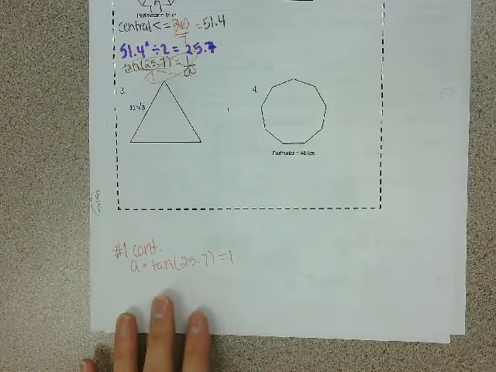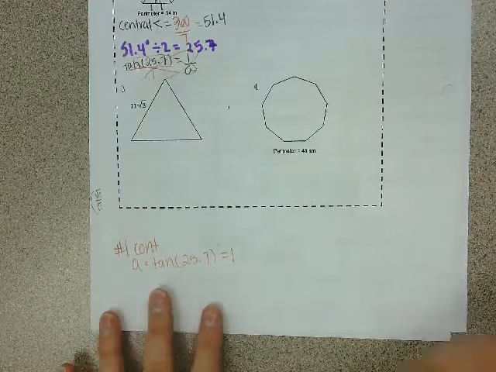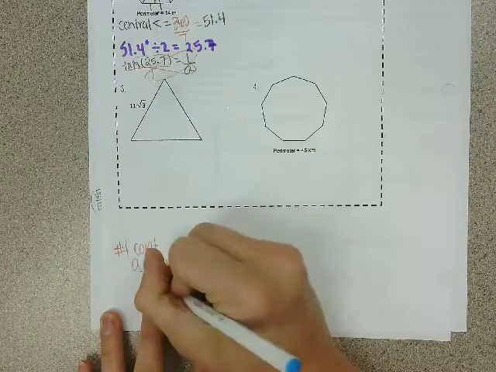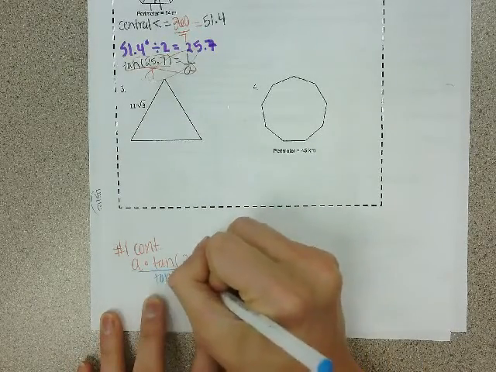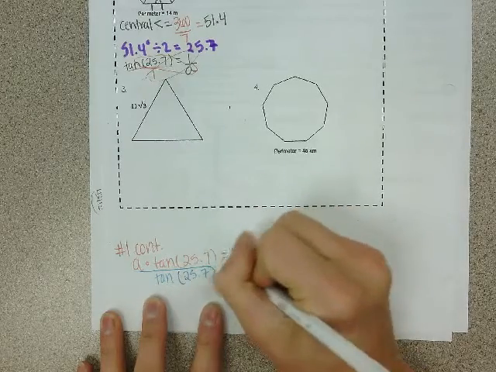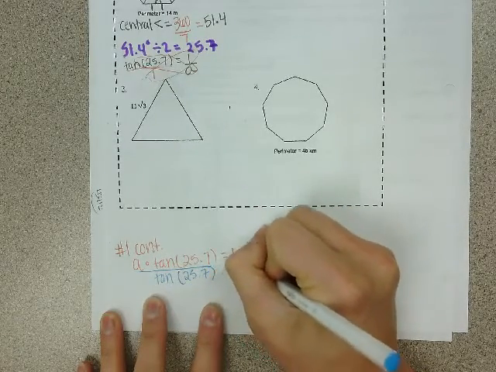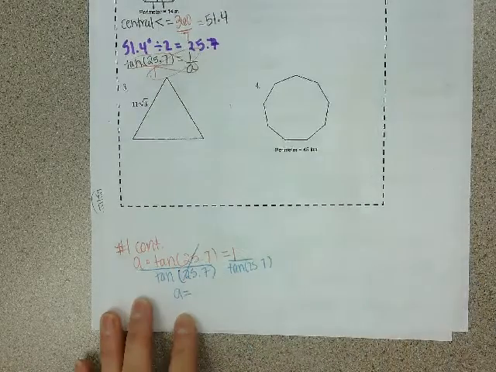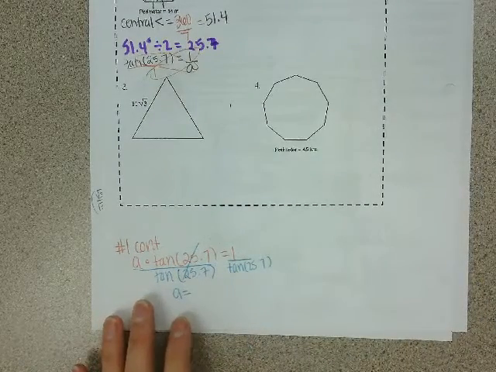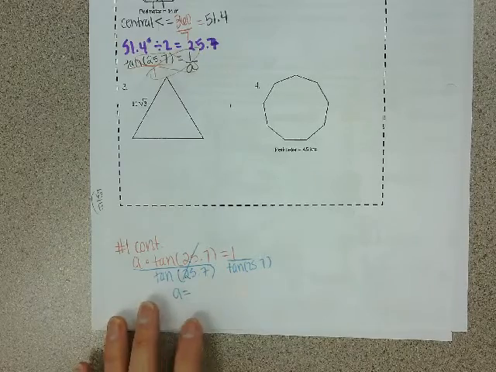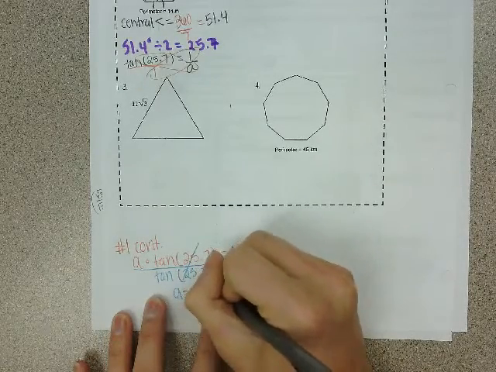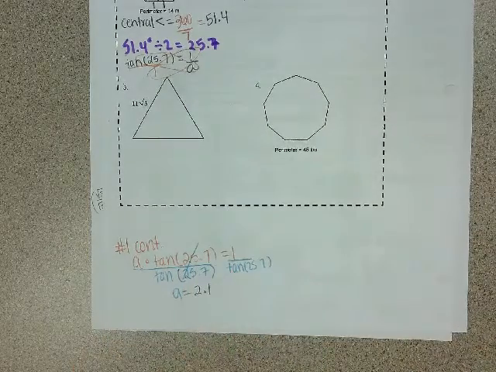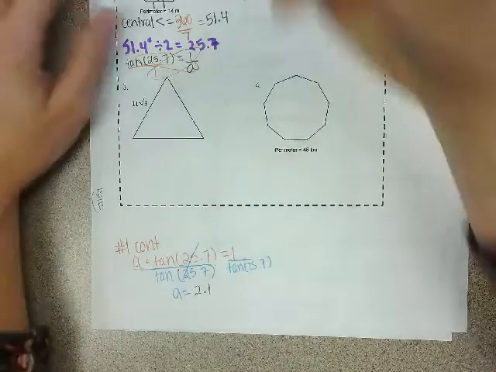Is the variable by itself? No, so I have to divide by tangent of 25.7. So I get A equals 1 over tangent of 25.7. What do we get? 2.1. Perfect. So my apothem is 2.1.